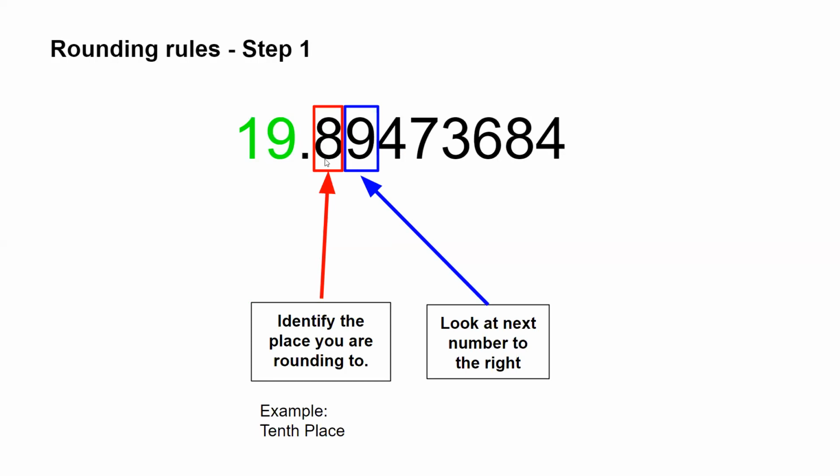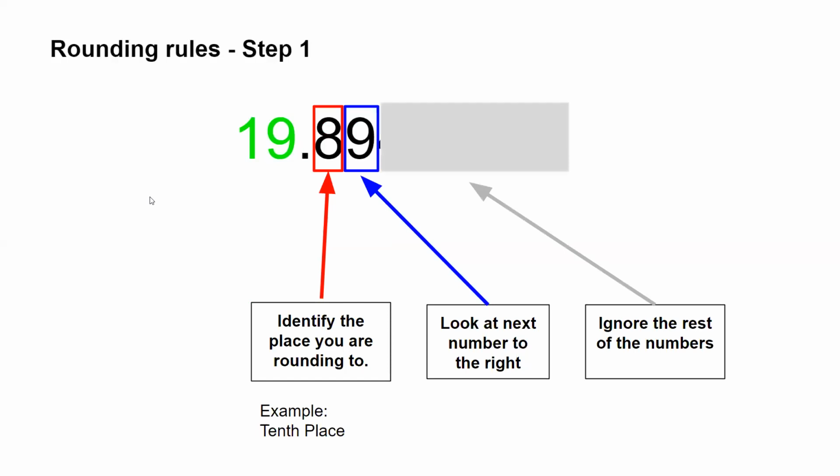These are really the only numbers that we're going to use in our rounding. We can ignore all of those other numbers. So that's the first step, is to think about that number this way. We're ignoring everything to the right. We're considering that first number to the right of the number we're rounding to.